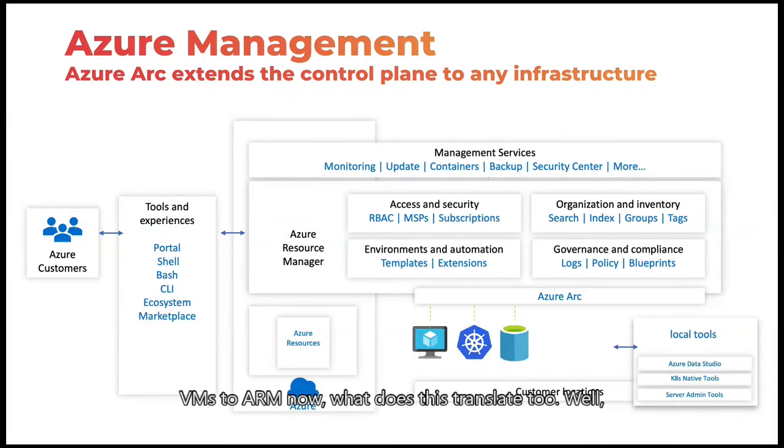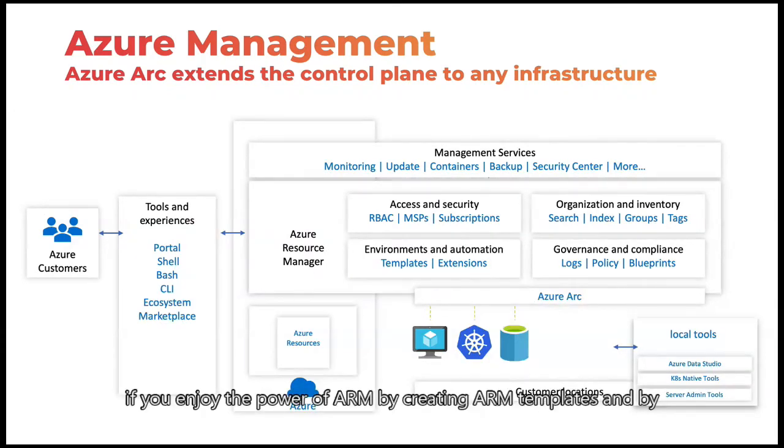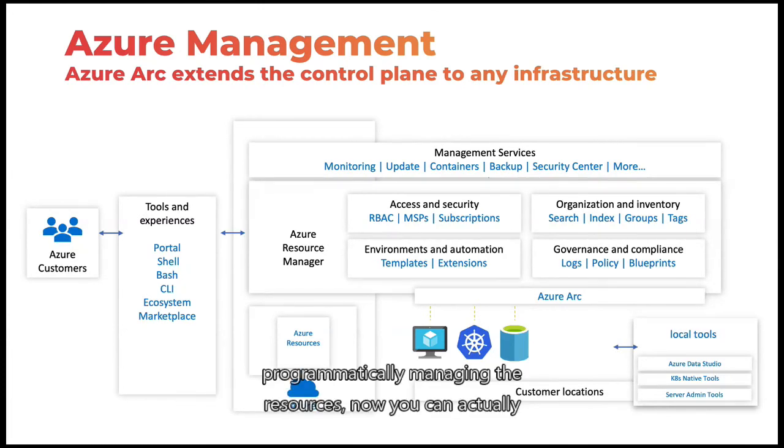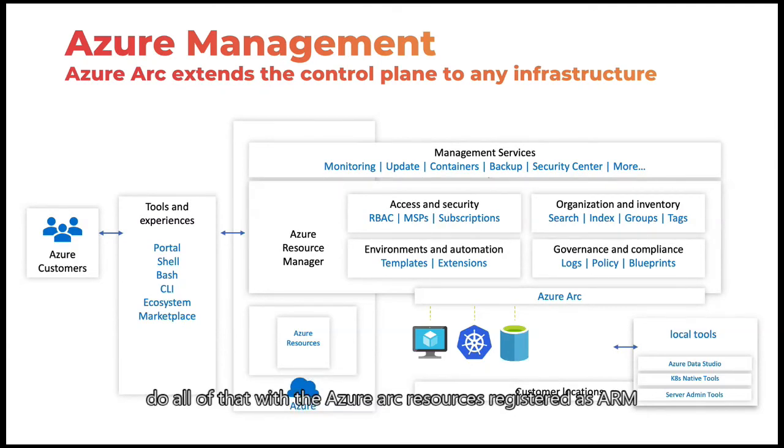Well, if you enjoy the power of ARM by creating ARM templates, performing auditing and policy, ensuring compliance, and programmatically managing the resources, now you can do all of that with the Azure Arc resources registered as ARM resources.